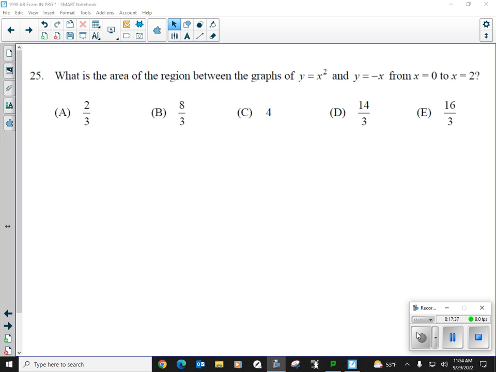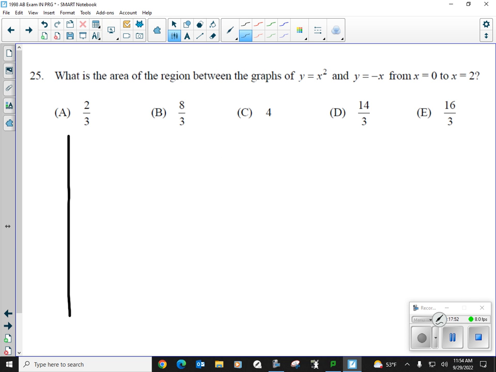Number 25. We're moving now. What is the area of the region between the graphs of y equals x squared and y equals negative x from 0 to 2? I'm going to sketch this because I like drawing. Here's 0, 1, 2, then 1, 2, 3, 4, and 1, 2 negatives.